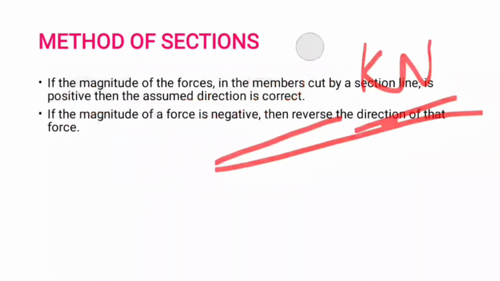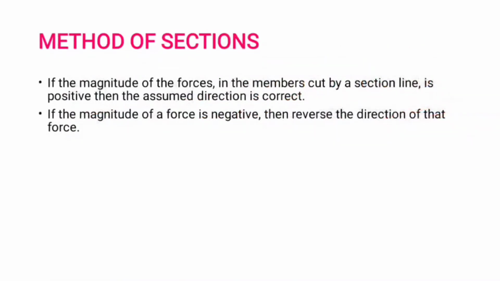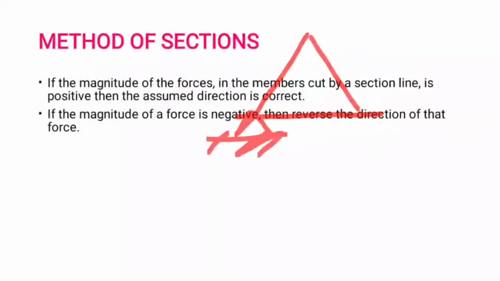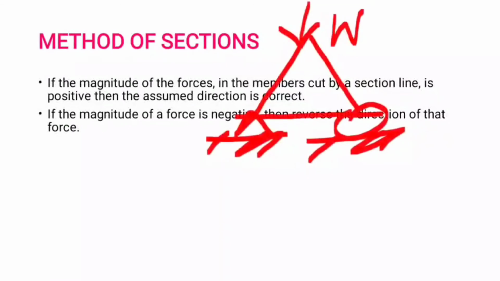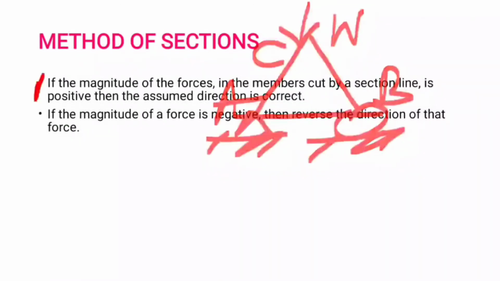By using method of joints and method of sections, we have seen how to calculate the member forces. Now, how to calculate or determine the stress value. Suppose this is my truss with load W, and joints A, B, C. Here the members are AB, AC and BC.